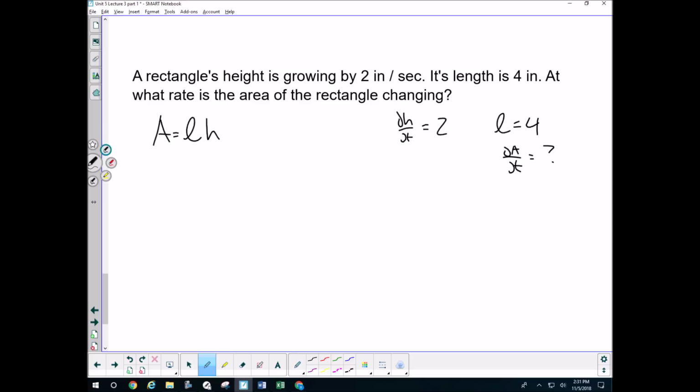Okay, you guys do this problem. Before you take the derivative, change this question so that we're talking about the area of this specific rectangle. You should get an answer of 8 after all is said and done.